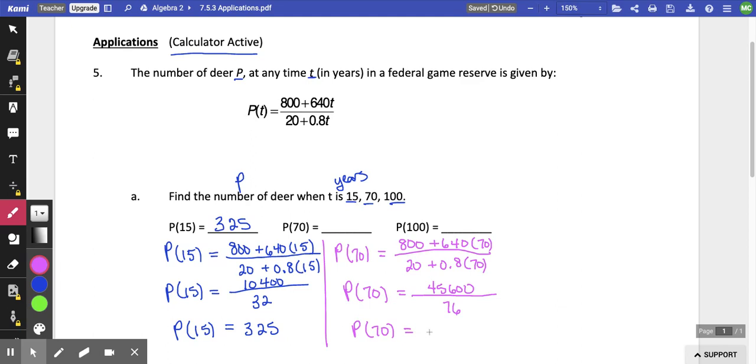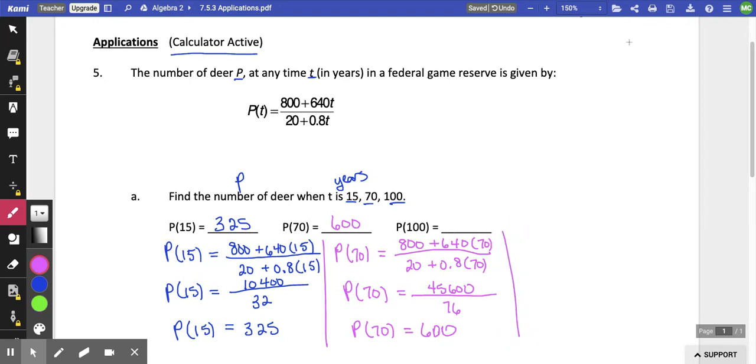And then once I have those values, I'll just divide them. This time I got 600. Interpreting that answer, I would say at time 70 years, the population of deer was 600.